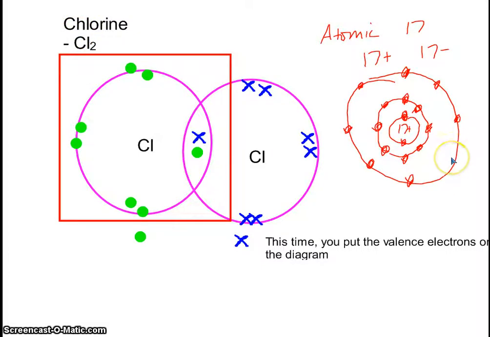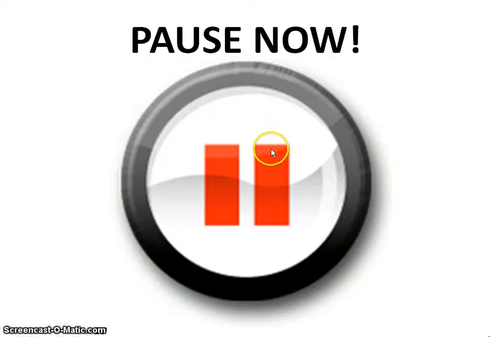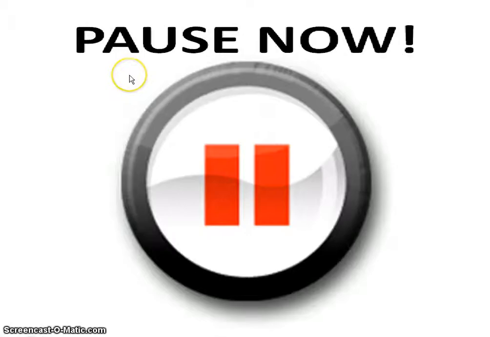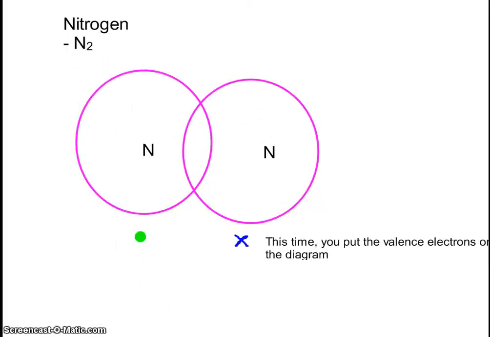Okay, so now I want you to try nitrogen on your own, okay? Pause the video. So pause the video now and try it on your own. Okay, so nitrogen. Nitrogen's got an atomic number of 7.